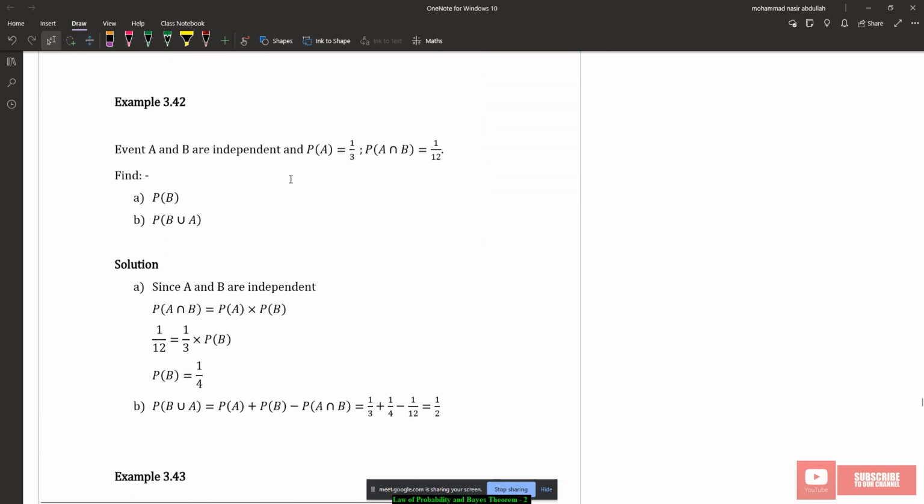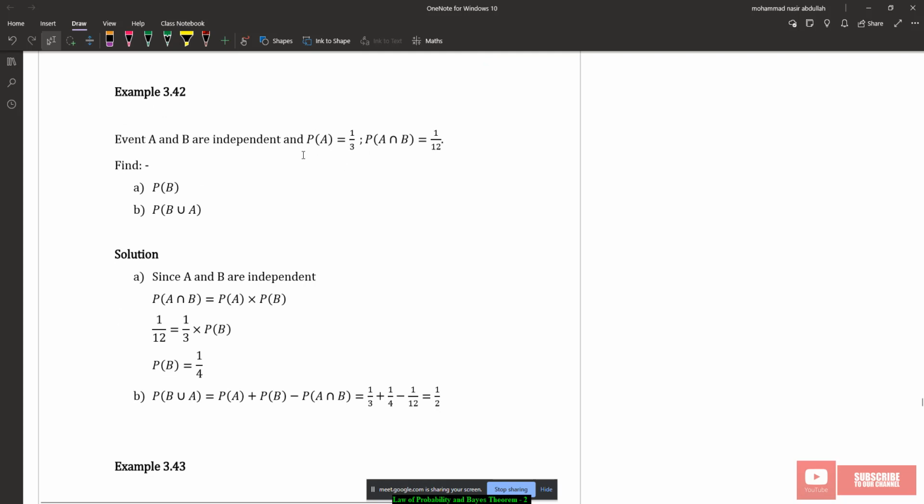Now, let's look at this example, example number 3.42. So we have A and B are independent events. It already tells us A and B are independent events. So they give us probability of A equal to 1/3, and then probability of A intersect B equal to 1 over 12. Right. So they ask us to find probability of B. Since A and B are independent events, A intersect B should be equal to probability of A multiplied by probability of B. That's the rule, right?